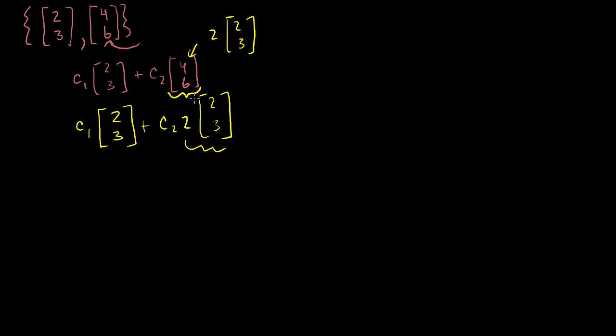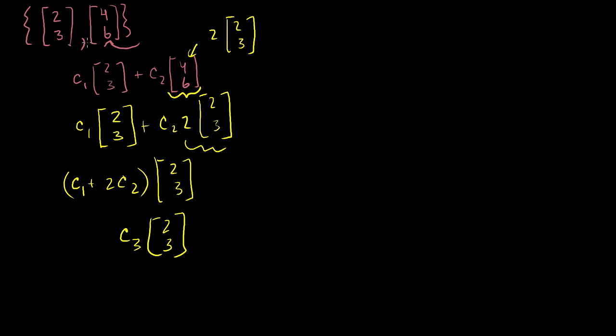Well, then we can simplify this a little bit. We can rewrite this as c1 plus 2c2, all of that times our vector 2, 3. And this is just some arbitrary constant plus 2 times some other arbitrary constant. So we could just call this c3 times my vector 2, 3.